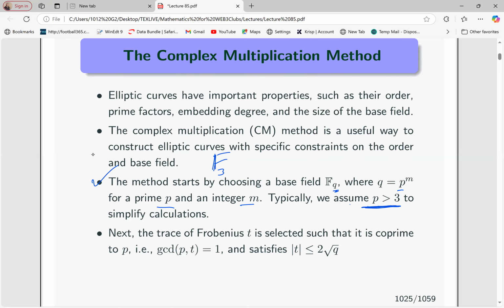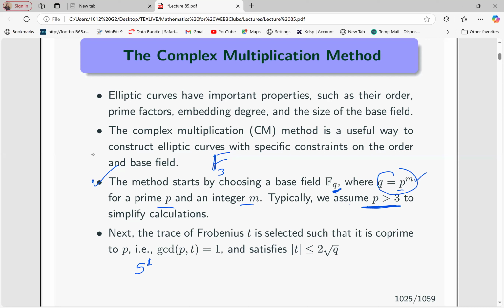So that's how you choose your Q. You choose it such that it can be expressed in this form, where P is a prime number and M is just any integer. For instance, I can choose a prime like 5 and raise it to 1.